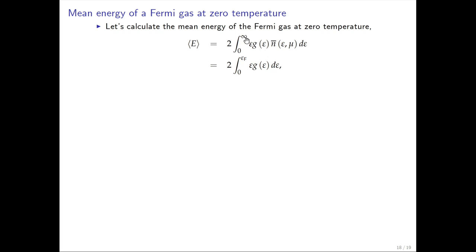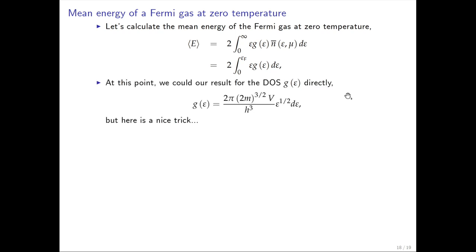At t equals 0 it's really easy because this factor is 1 up to the Fermi energy and 0 above that, so that chops off our integral and we just integrate epsilon times the density of states from 0 to the Fermi energy.